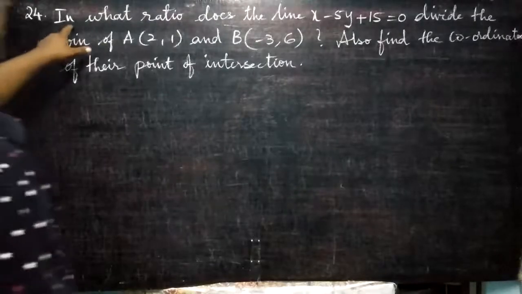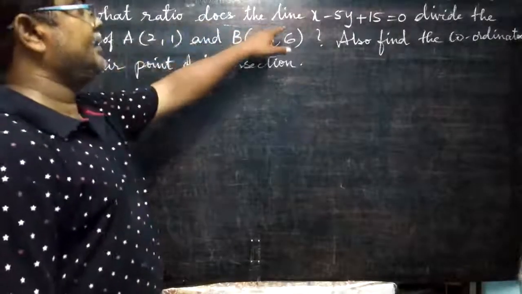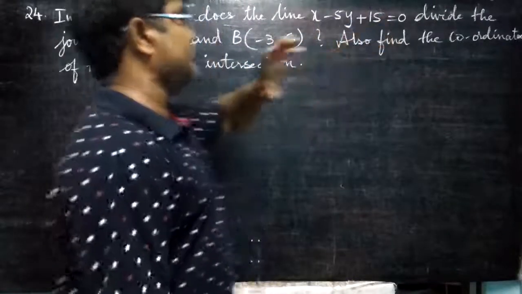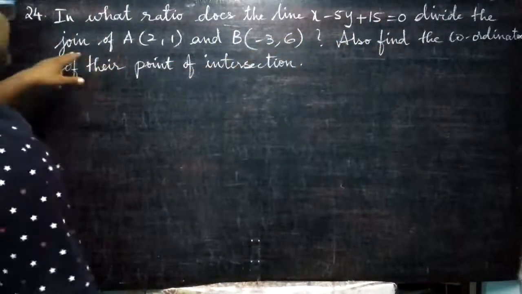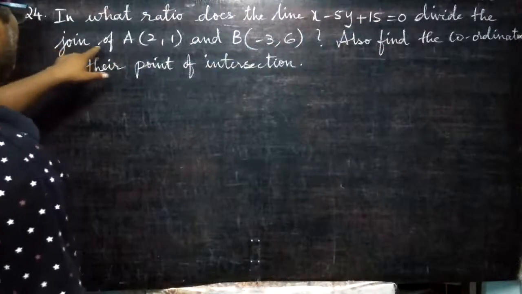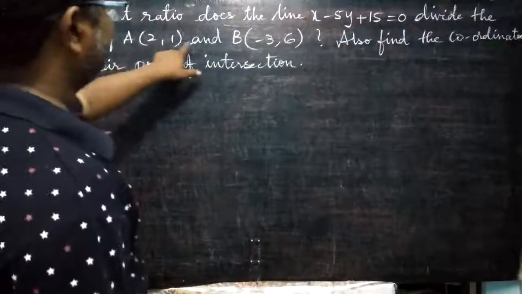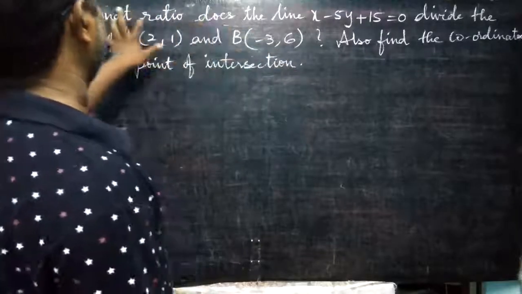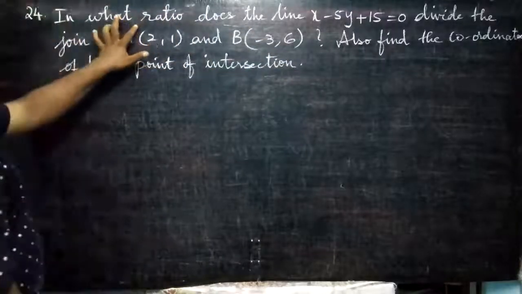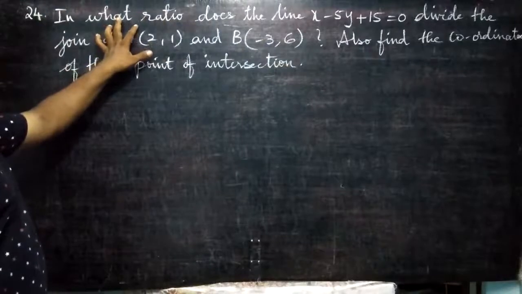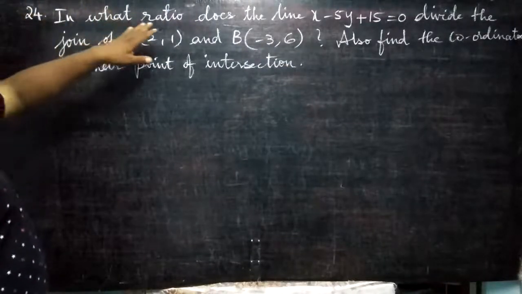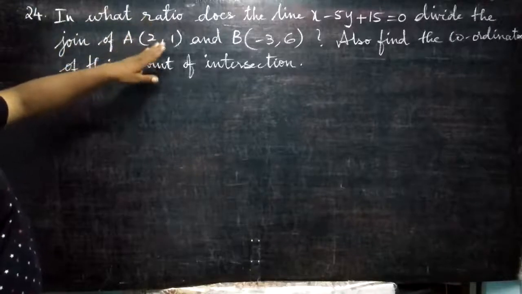24th problem. In what ratio does the line x minus 5y plus 15 is equal to 0 divide the join of A 2 comma 1 and B minus 3 comma 6? We have to find in which ratio. When we hear the word ratio, m is to n. A line segment divides AB in the ratio m is to n internally, we know that formula.